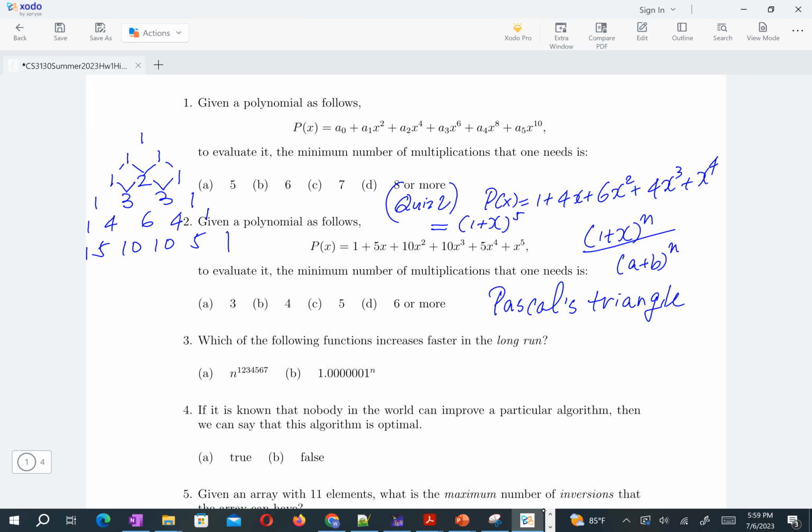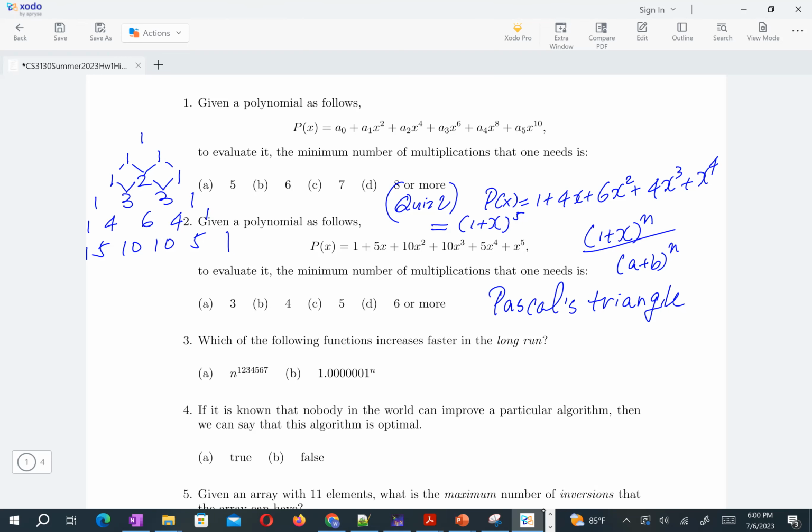And here I ask you to count the minimum number of multiplications. We do not count addition. 1 plus x inside parenthesis doesn't matter because it has nothing to do with multiplication, right? So 1 addition inside parenthesis.